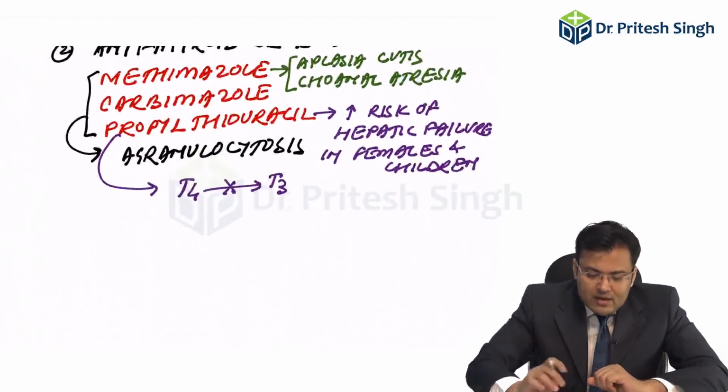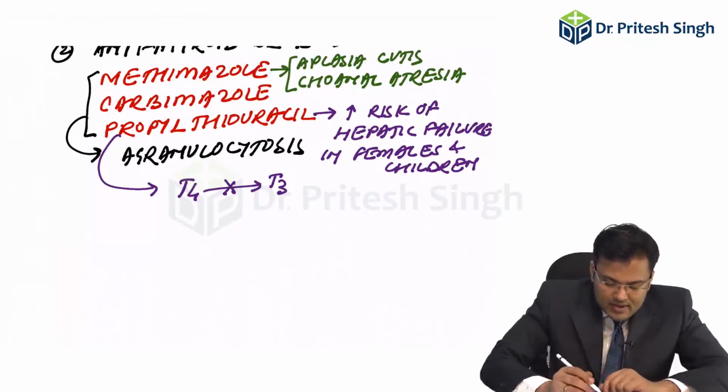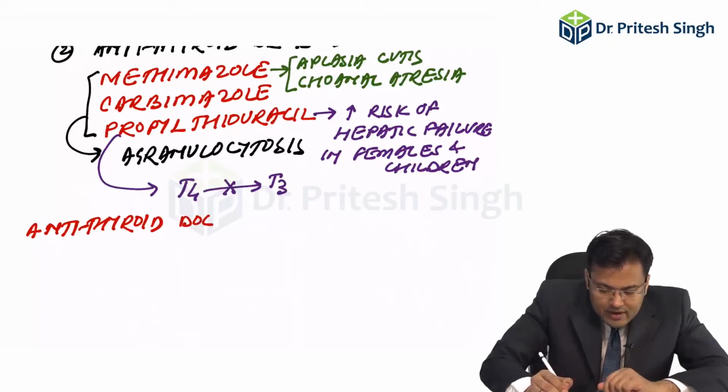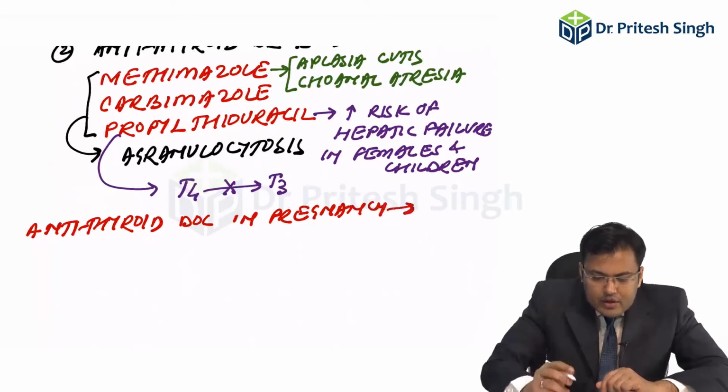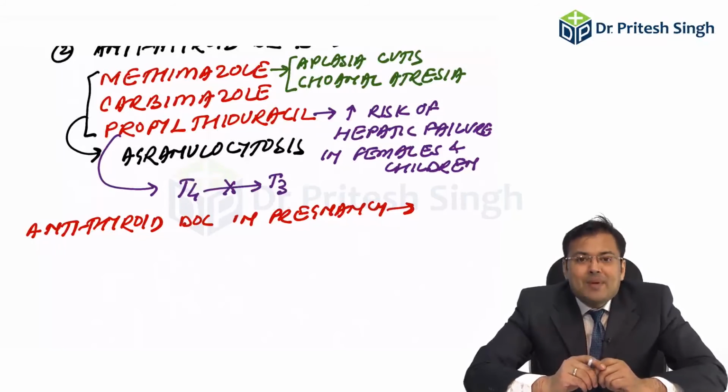So what is the antithyroid drug of choice in pregnancy? You cannot give methimazole because it increases the risk of aplasia cutis and choanal atresia.